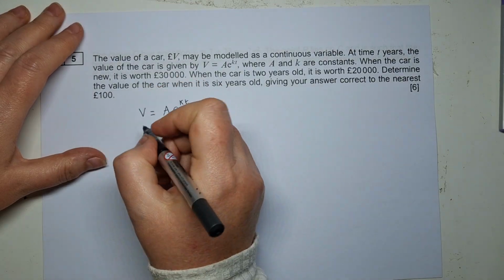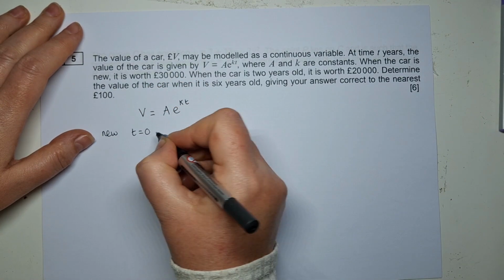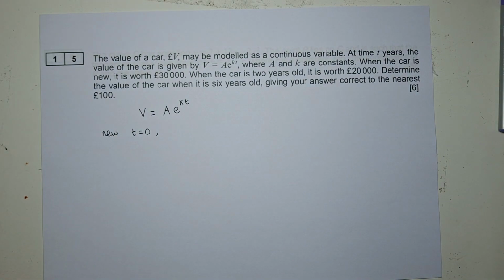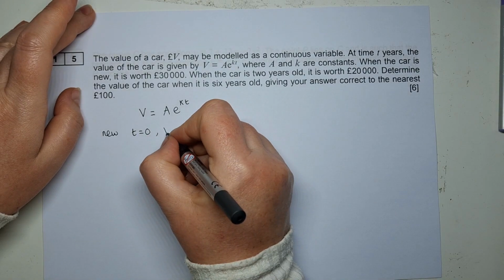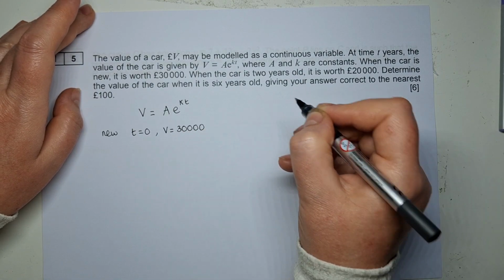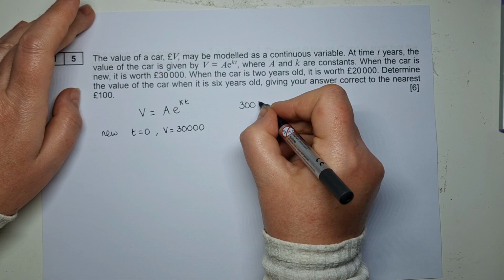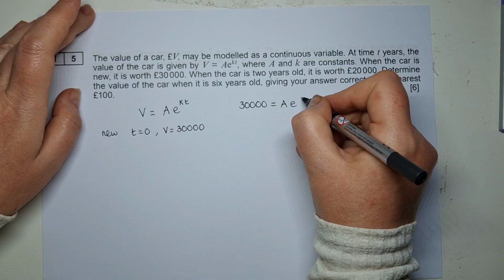Okay, so new means t is 0. Sometimes they might use the word initially, or at the beginning, or if it mentions years, the earliest year it mentions you'd take as t being 0. So we've got v is 30,000 when t is 0.